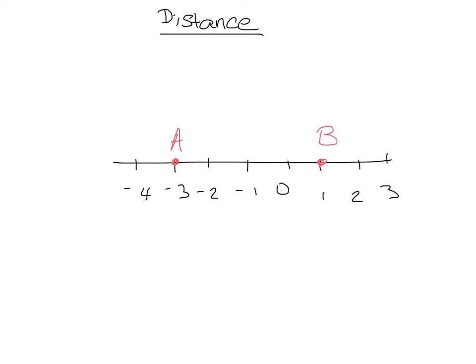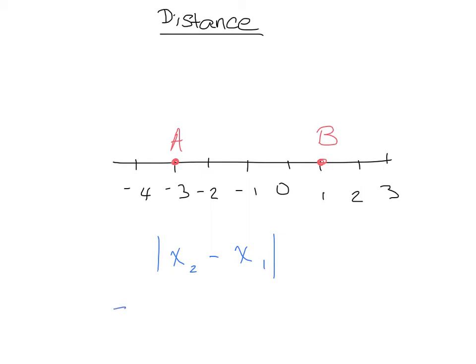Let's call it B. Well, the distance between 2 points on a number line is simply the value of one point, let's call it x2, minus the value of the other point, let's call it x1. Or when I say the value of, I mean the location of. So we also need to make sure that whatever we get when we subtract, we make that value positive, because distance is a positive value.